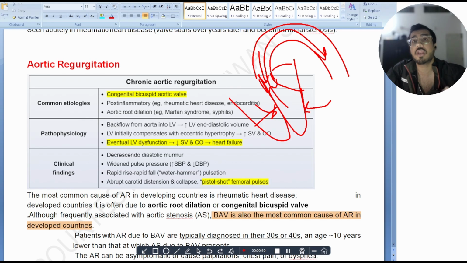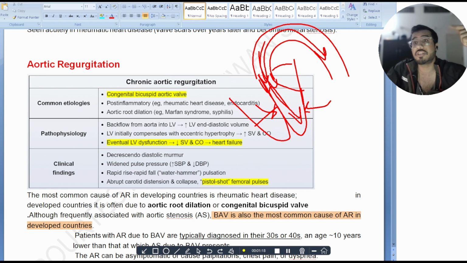Normally the valve won't allow any backflow, but since the valve is incompetent, there's a sudden gush of blood back into the ventricles. Why is there a sudden strong gush of blood at the start? The reason is that the maximum amount of blood is pooling at the start, and as the blood regurgitates and the ventricle starts to fill, as the ventricle fills completely, the regurgitation slows down because the ventricle is already full.